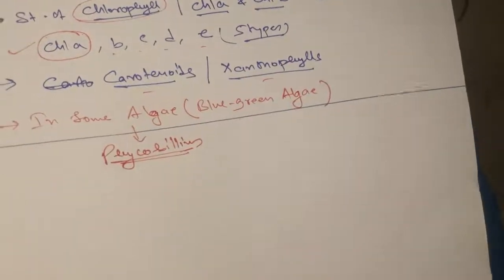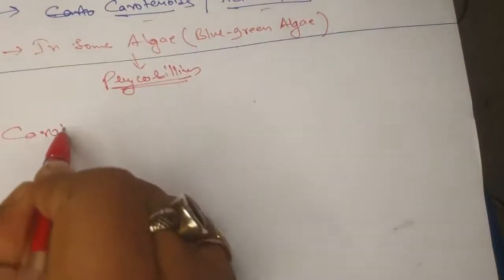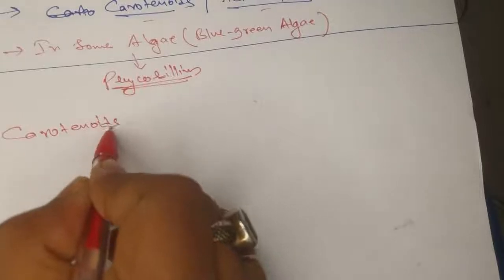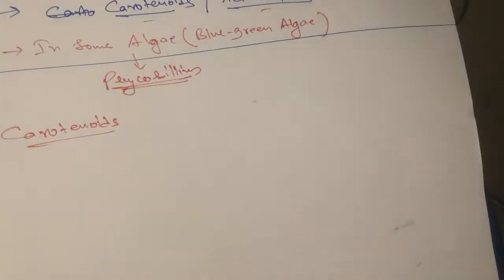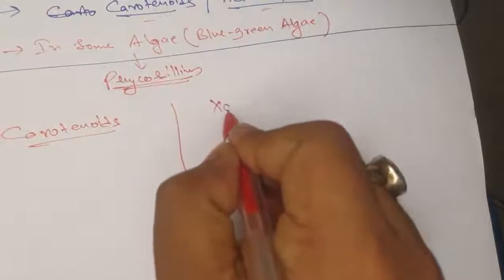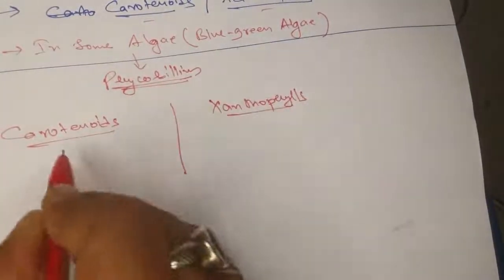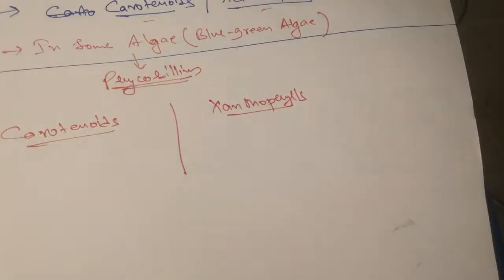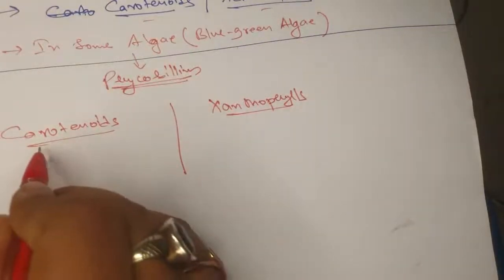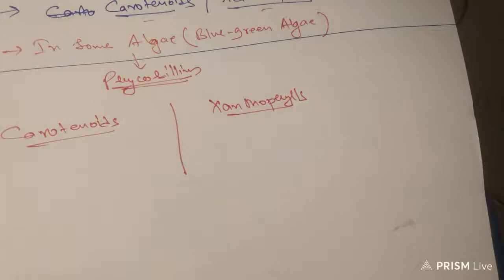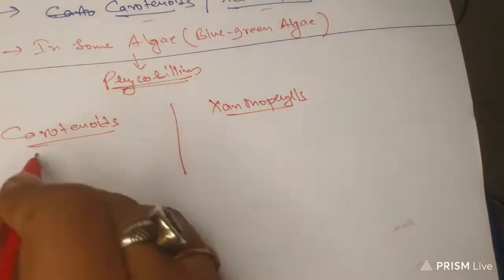Now, if I talk about carotenoids and xanthophylls, we see that the formula of carotenoid or carotene is C40H56.